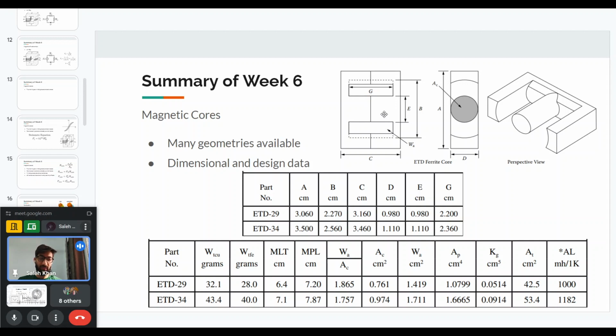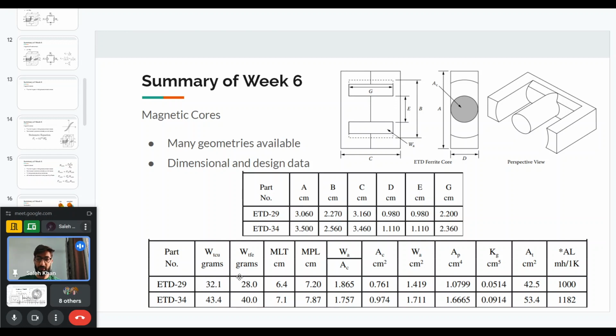The dimensional data will be related to the dimensions of all these lengths shown here, which will be given by the manufacturer. Then the design data will be what is shown in the second table.